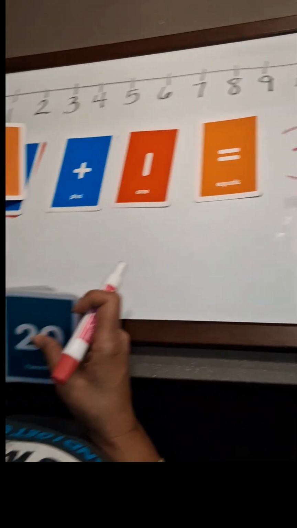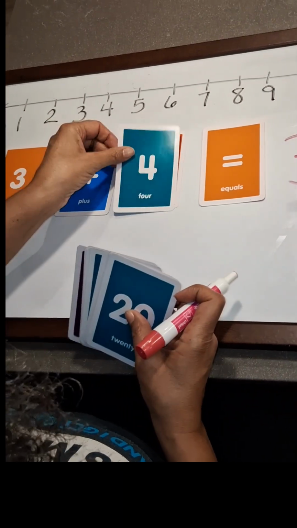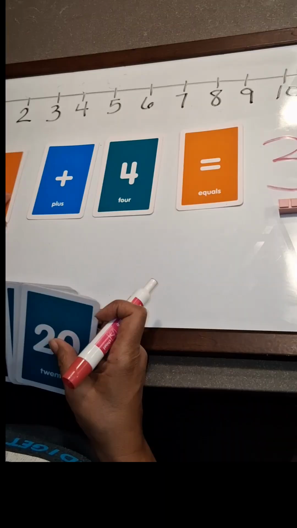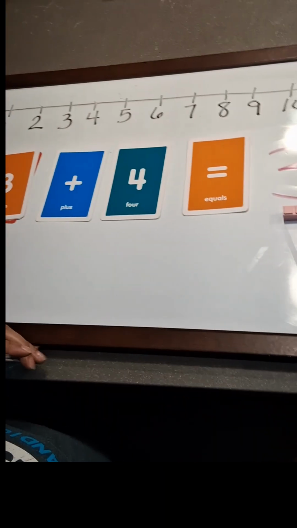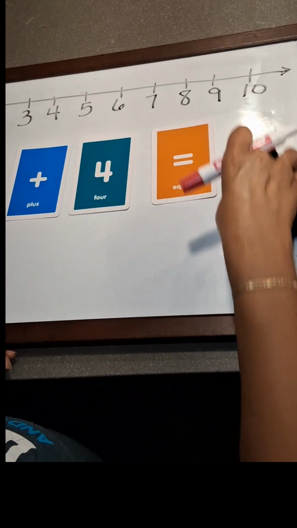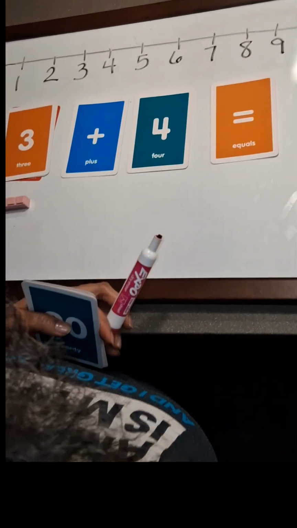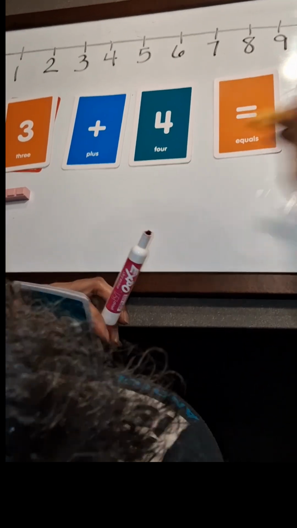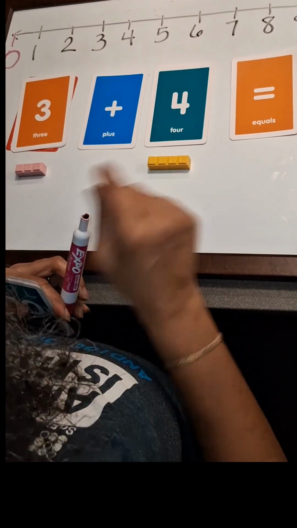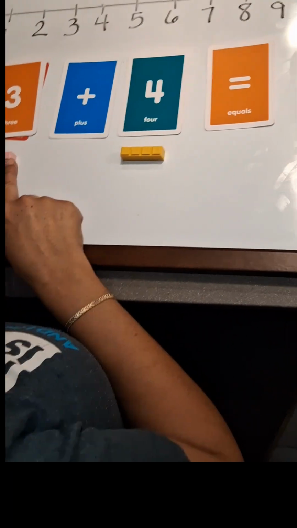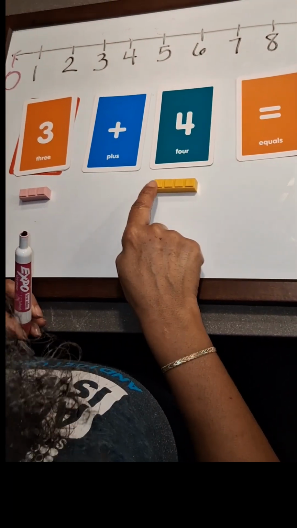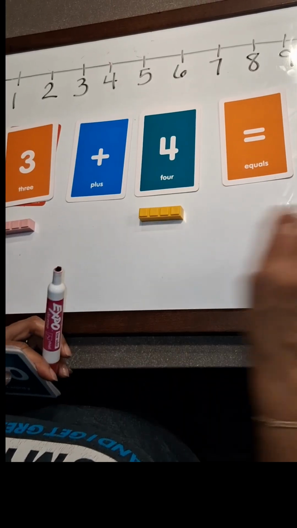Okay, what if we have 3 plus 4? How could I do that one? It's going to equal what? 7. Okay, I'll have 3, and then I'll have 4. So I could add on 1, 2, 3, 4, 5, 6, 7.